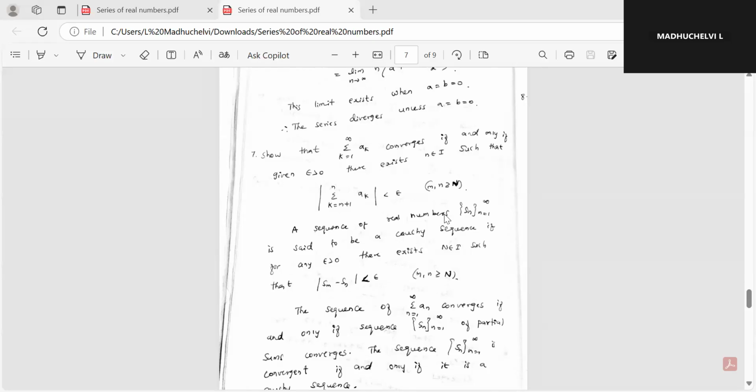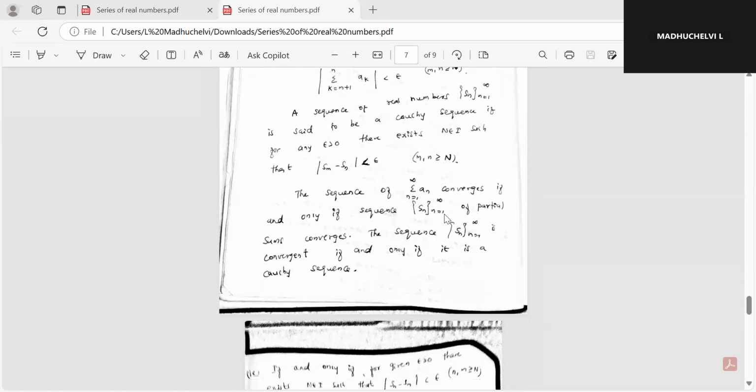What is the definition? For any epsilon greater than 0, there exists N belonging to I such that modulus of S_m minus S_n is less than epsilon for all m, n greater than or equal to N.